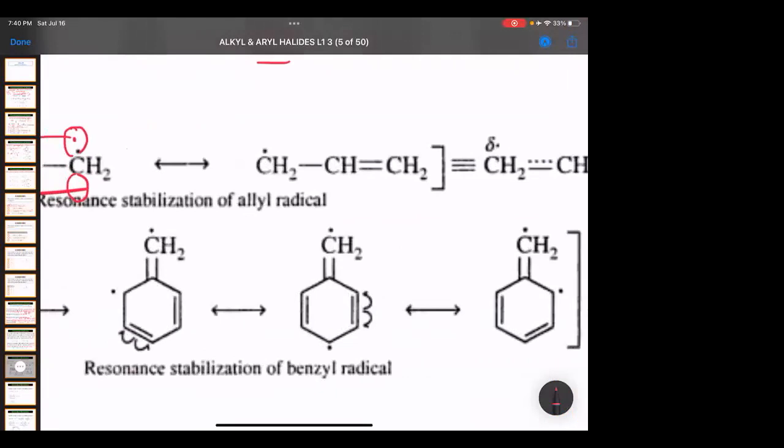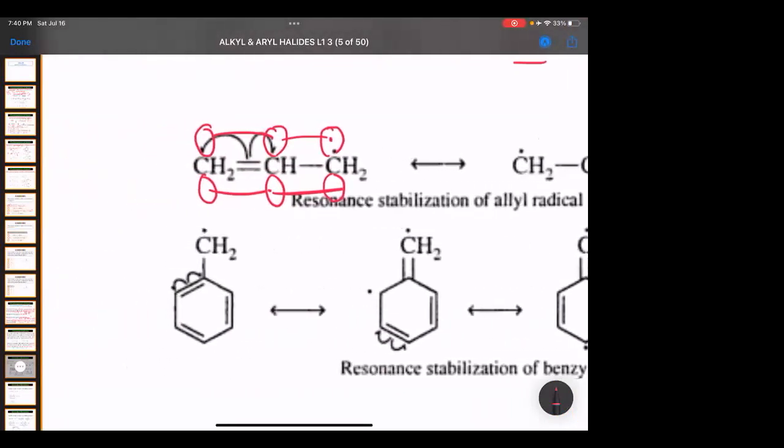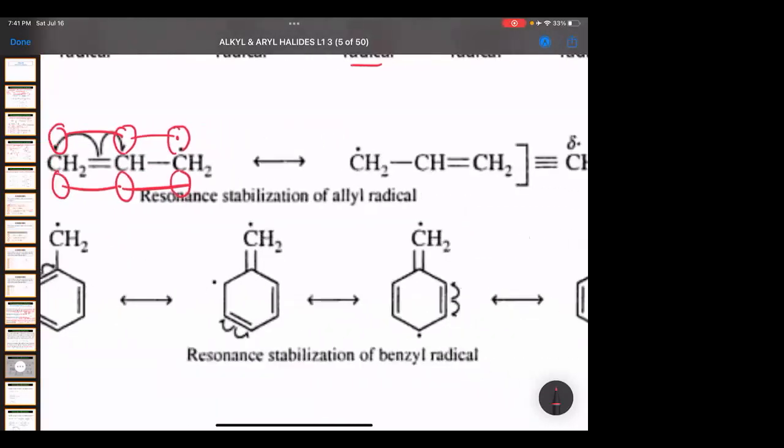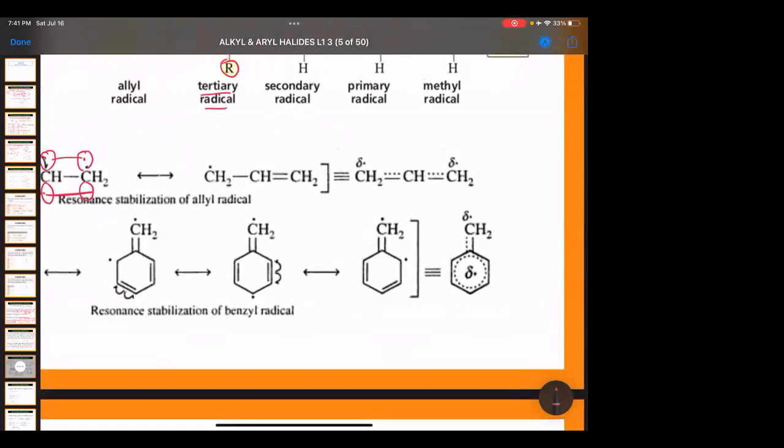Similarly, this benzylic radical can also do resonance, just like the allylic radical, but with two more double bonds in the ring, so it can delocalize into the ring. That's how it becomes more stable, and if it is stable, it can form easily.